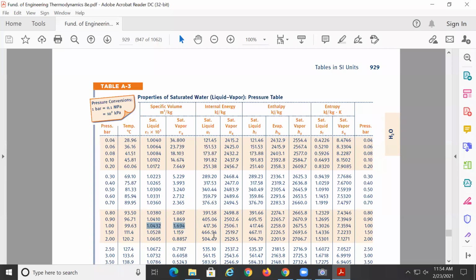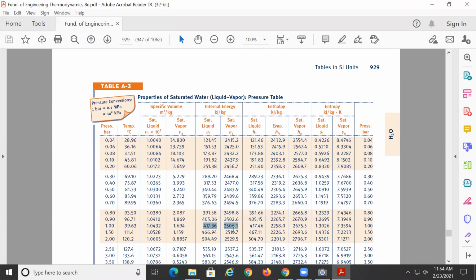Okay, since we are here, let's do the same thing for the internal energy over here. Take U sub F. So U sub F is 4017.36.